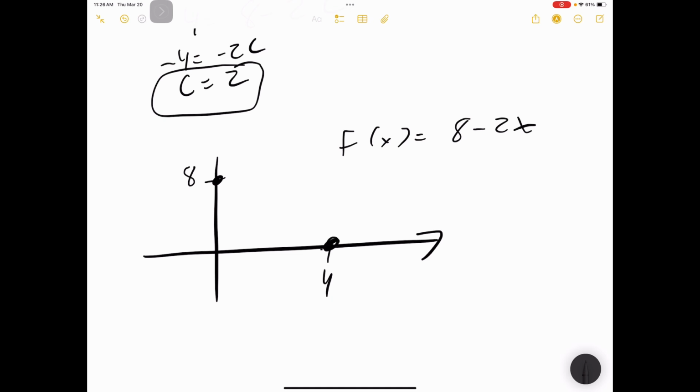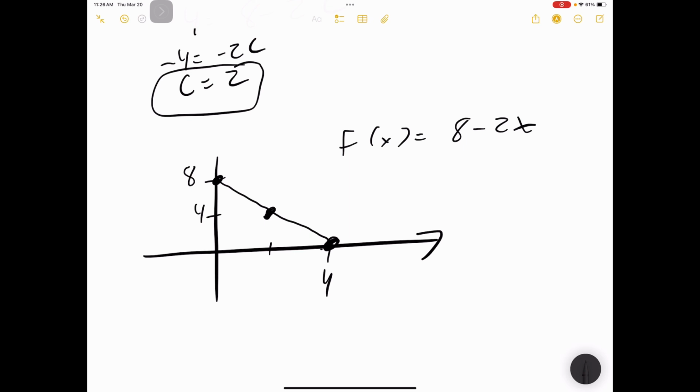And for example, at 2, if I plug in 2, I get 8 minus 4, which is 4. Which gives me this point here, and if I draw the line through it, that's my function. And so what we're finding is the average value of the function is that point right there.